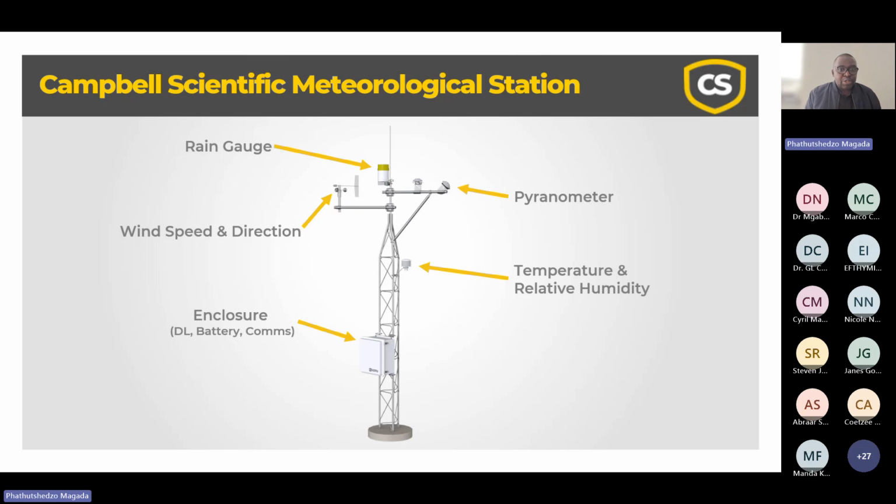This is how our meteorological station will look in the field. We have a rain gauge, wind speed and direction, an enclosure, and temperature and relative humidity.